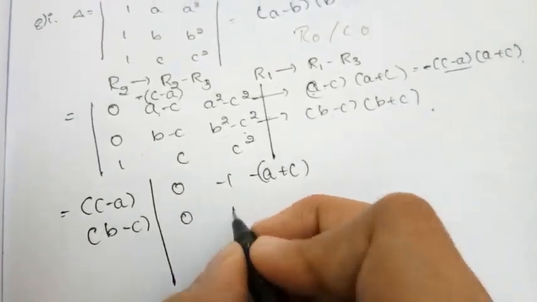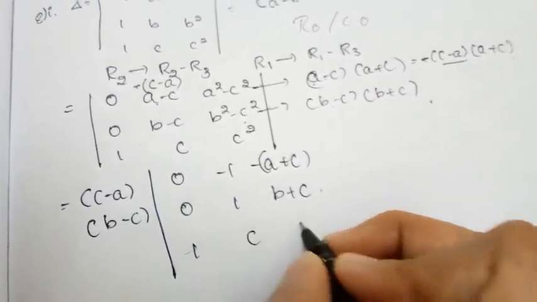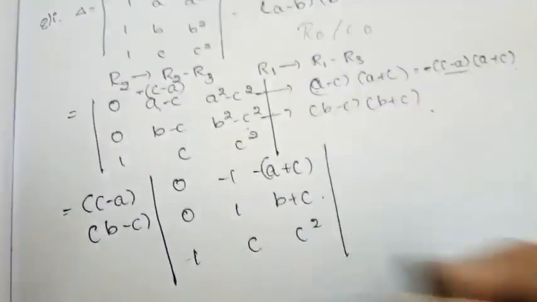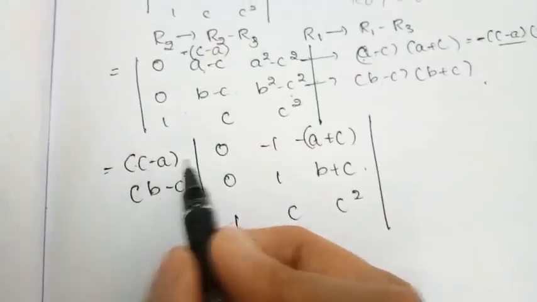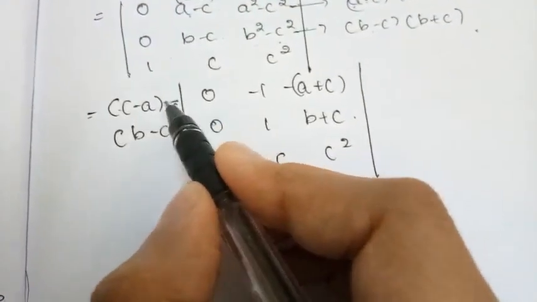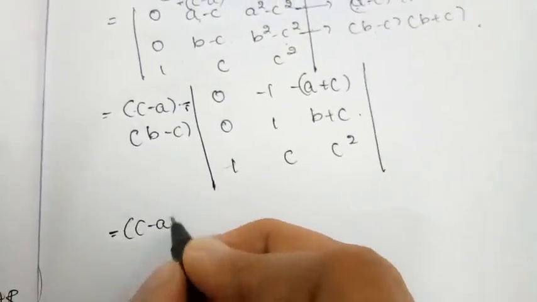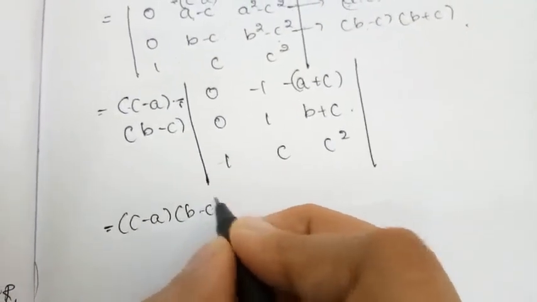Here again 0, 1, b plus c, 1, c, c square. So this is what we got. I can write this continuously, but for your understanding I wrote it in the two-line way, that's all. So we have c minus a, b minus c outside the determinant.